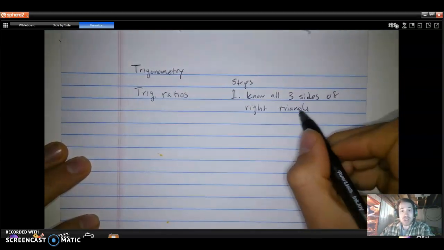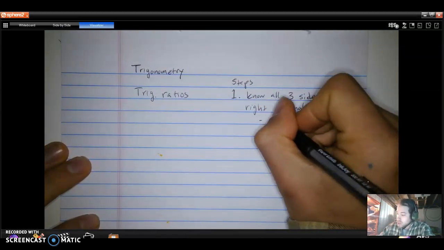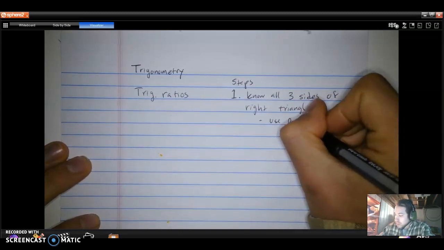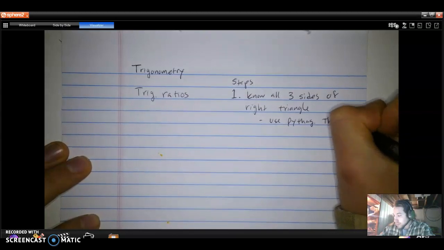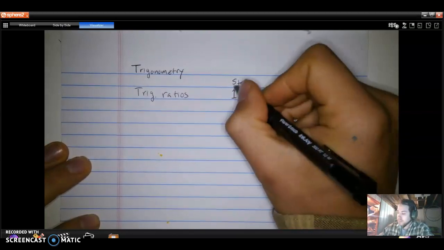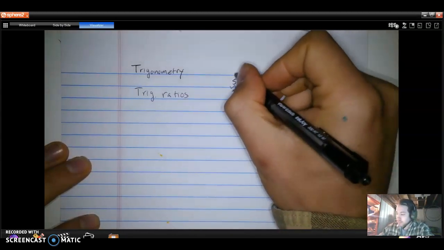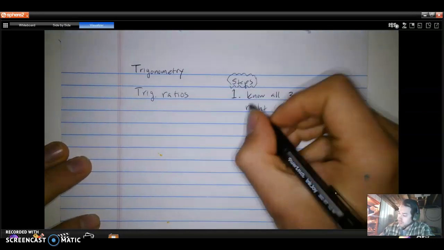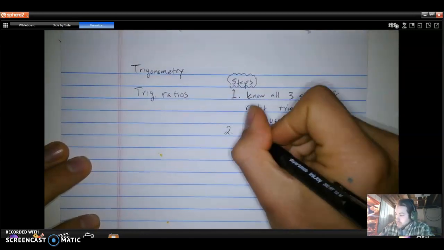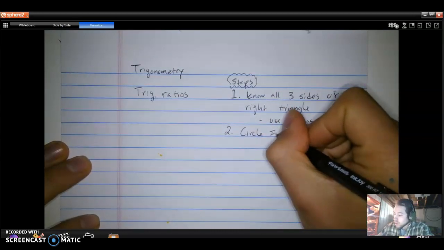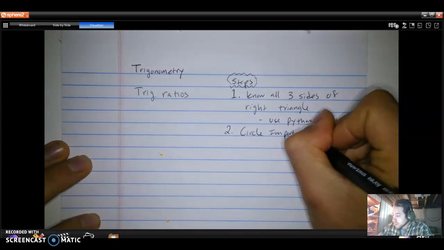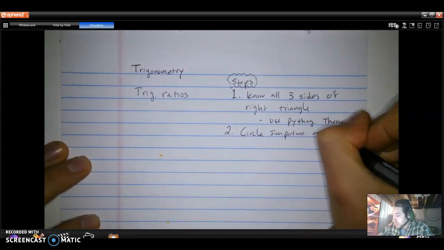If you do not know all three sides, use the Pythagorean theorem. Step 2, circle the important angle.